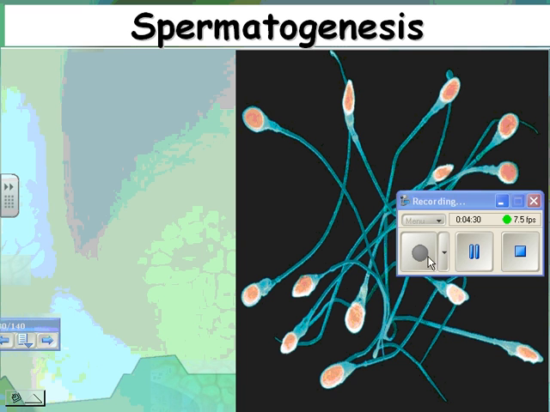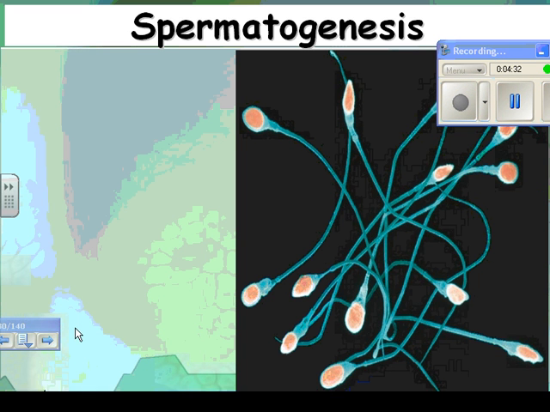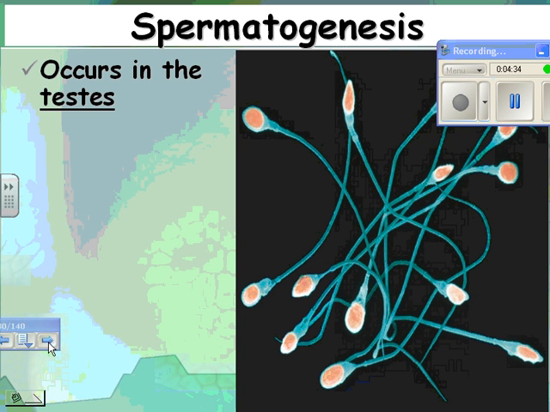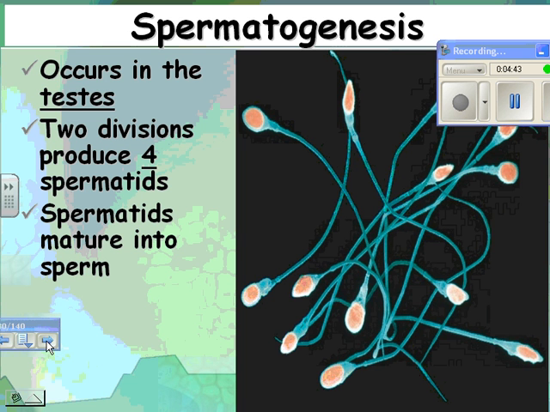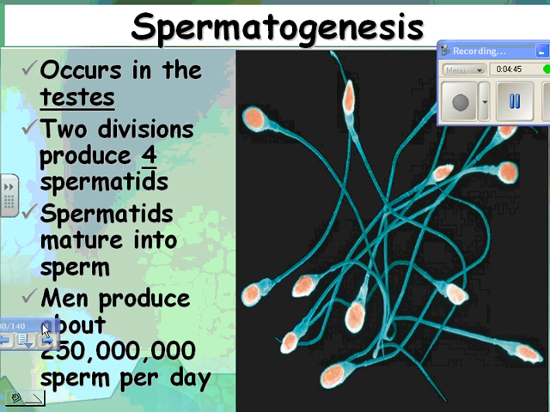So spermatogenesis makes sperm, and it occurs in the testes. And there are 2 divisions that produce 4 spermatids, and the spermatids will mature into sperm. So spermatids mature into sperm. And men produce about 250 million sperm per day.